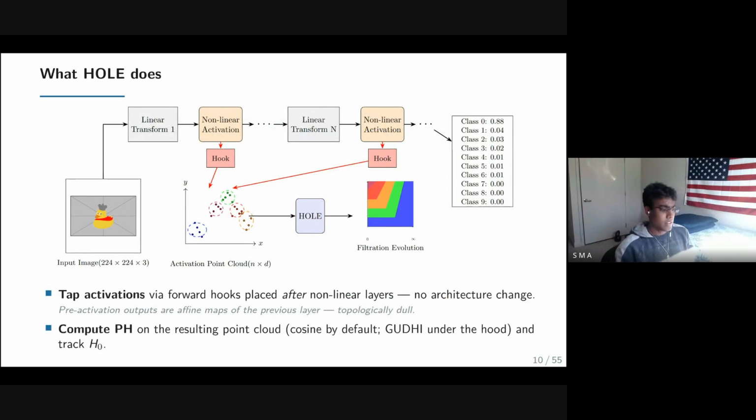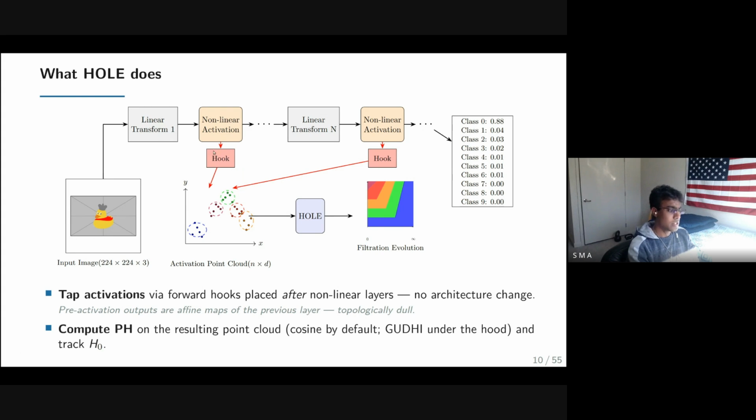Now getting to the neural network side of things. So what does fold do? Let's say you have an input image. You send it to the neural network. You have a linear transformation, and the nonlinearity, and it just keeps repeating till you have the final function where you get all the class probabilities.